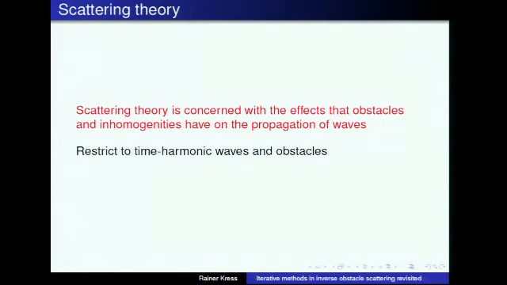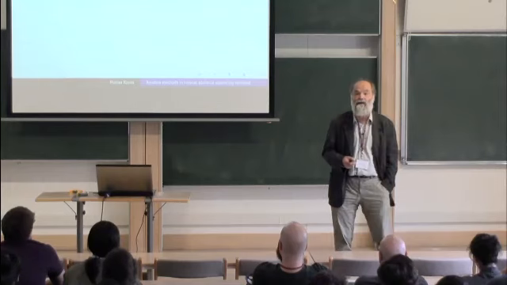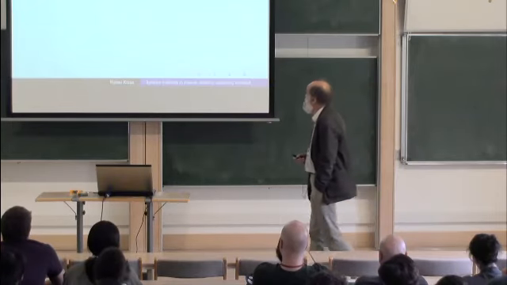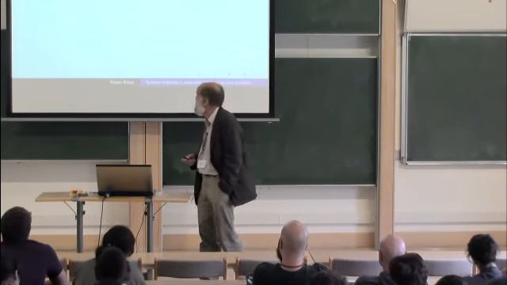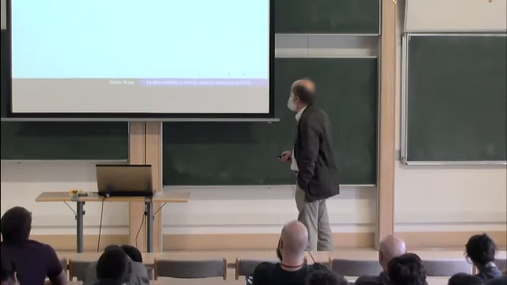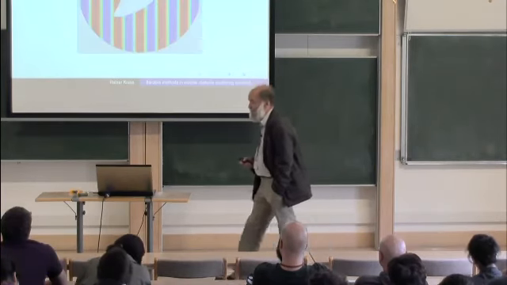I will only talk about time periodic waves, time harmonic waves. This is what we usually picture waves as, the time harmonic case. And I will only talk about obstacles. You will have the opportunity to learn more about scattering of inhomogeneities through the 4 lectures by Andreas Kirsch tomorrow and on Thursday.